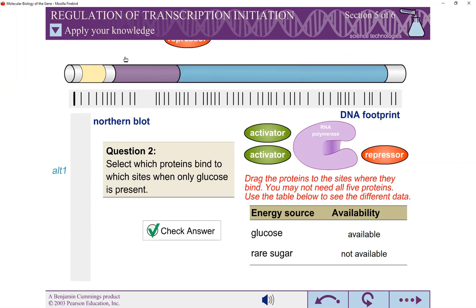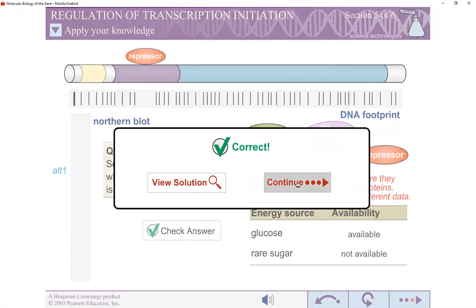The repressor will be binding to this particular site. Correct. So the repressor binds to this particular region in order to inhibit transcription when glucose is available and the rare sugar is absent.